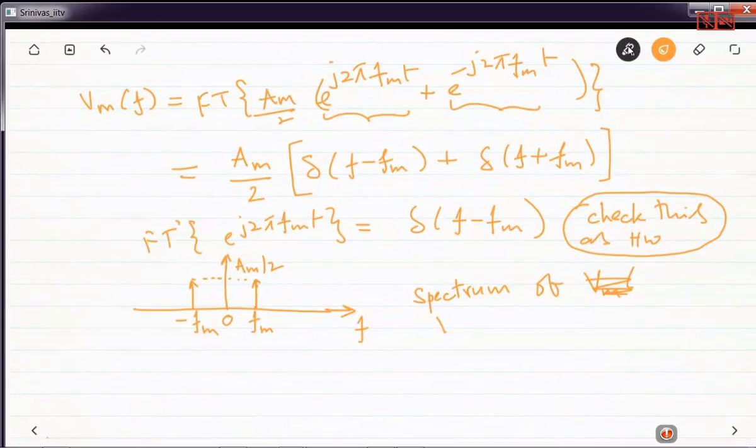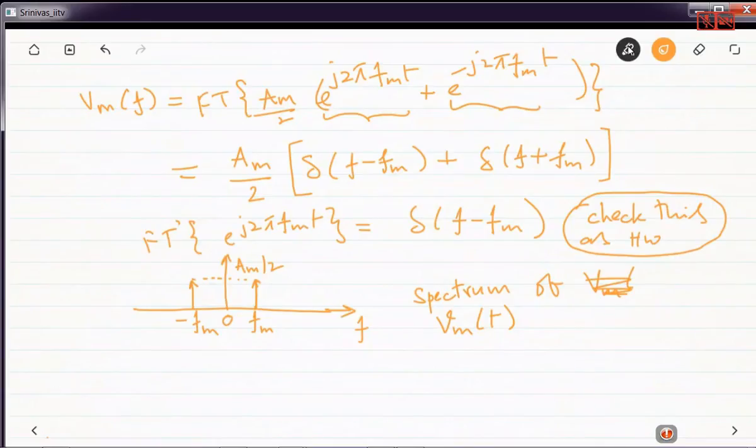Now similarly, let's do this. It's straightforward, so I will directly write the equation. What will be the spectrum of Vc of t? Vc is a frequency at Fc. If I change simply m to c, it will be Ac by 2 and e power j 2 pi Fc t, and so on.